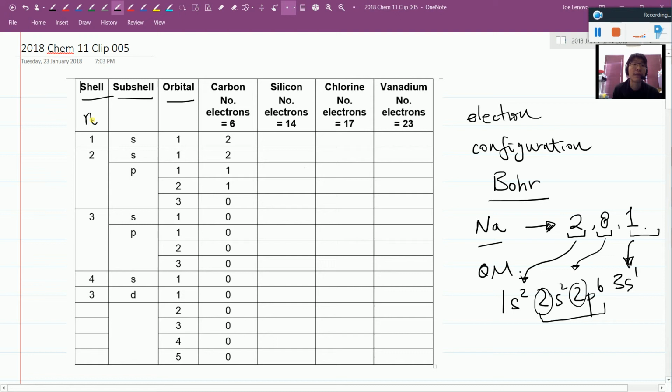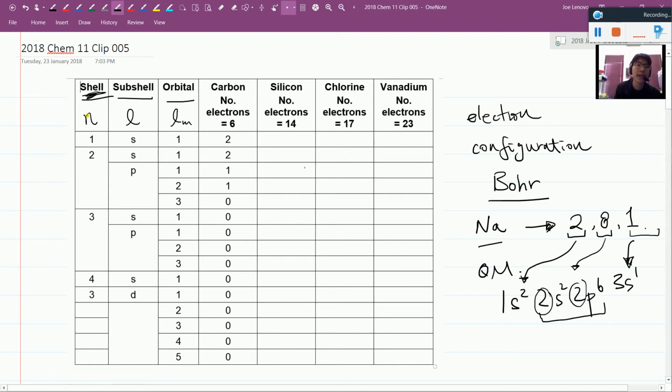But remember, when you look at shells in QM models, n is about the shell. For the subshell we have a quantum number l, and for the orbital, the magnetic quantum number, ml.